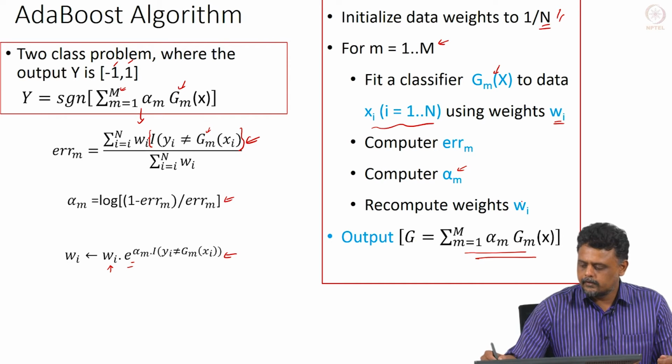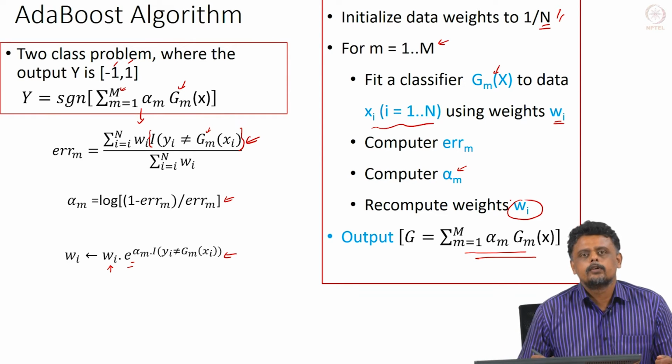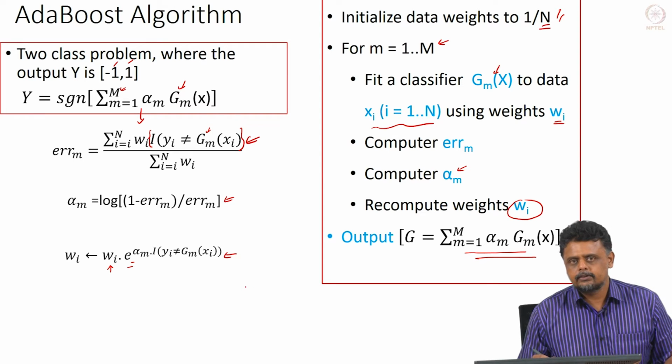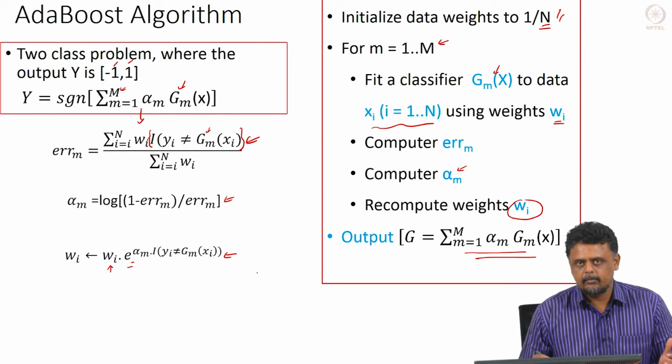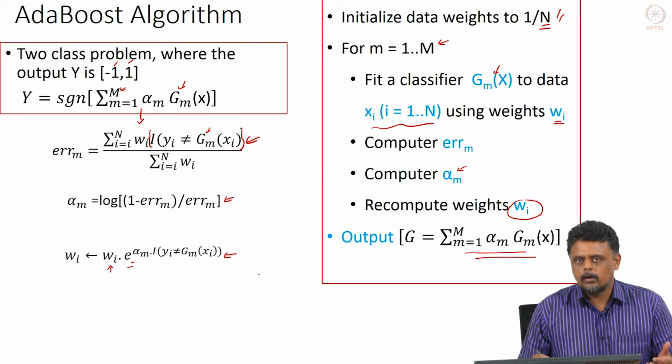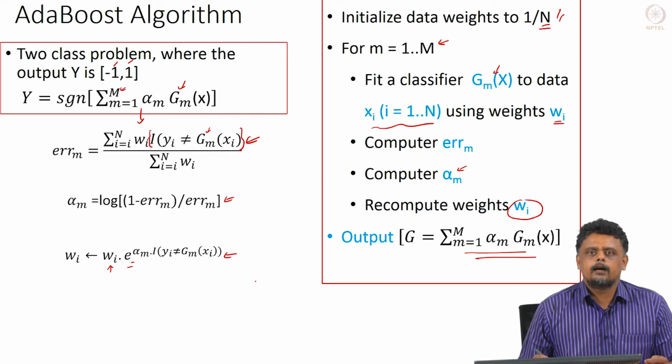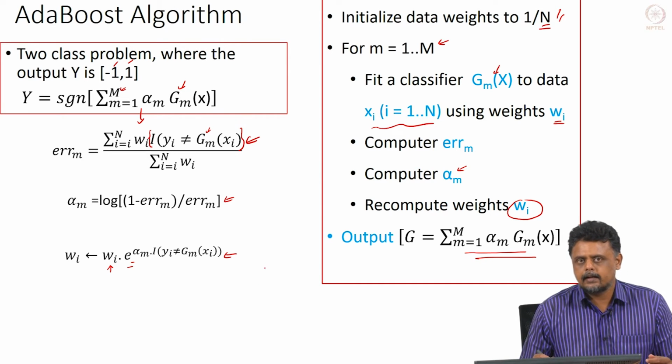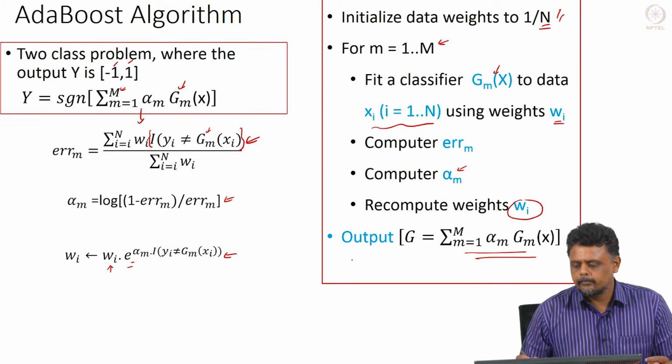That is what this step does. Then you take all the data points, including the ones that have been misclassified but now with higher weighting, and you fit that data again using another classification tree or some other classifier, and you repeat that as many times as the number of classifiers that you want to use.